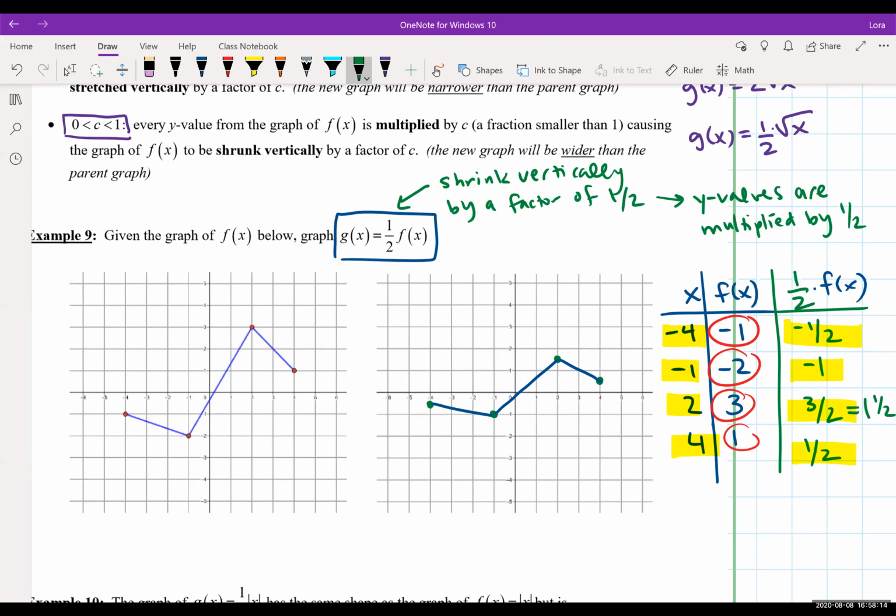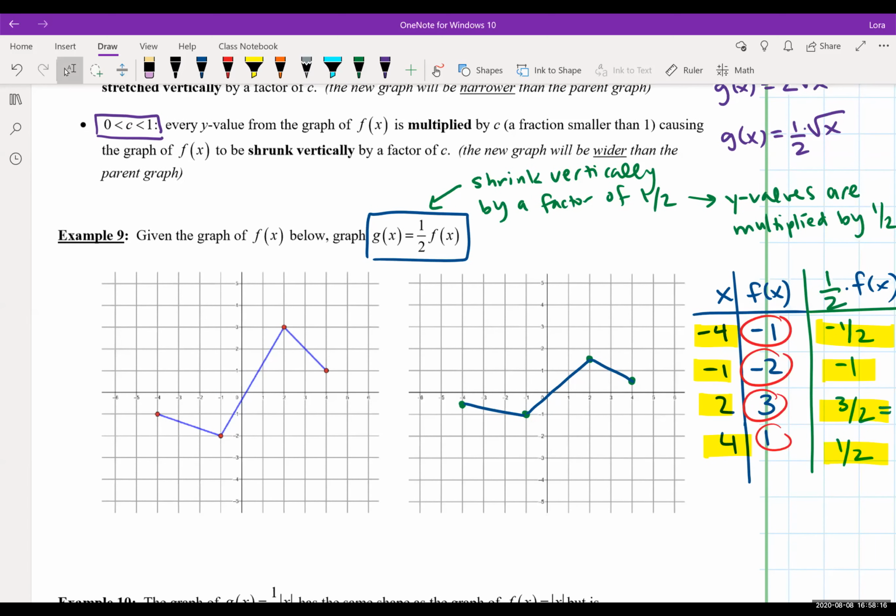And what I try to understand for myself is when I'm looking at each of the points, depending on what this factor is, in our case, it's a positive 1/2, you are multiplying each of those y values by 1/2. In other words, you're cutting the distance from that point to the x-axis in half. So if we kind of see this first point, the distance from the point to the x-axis, and we're going to cut that in half, that ends up being right here.